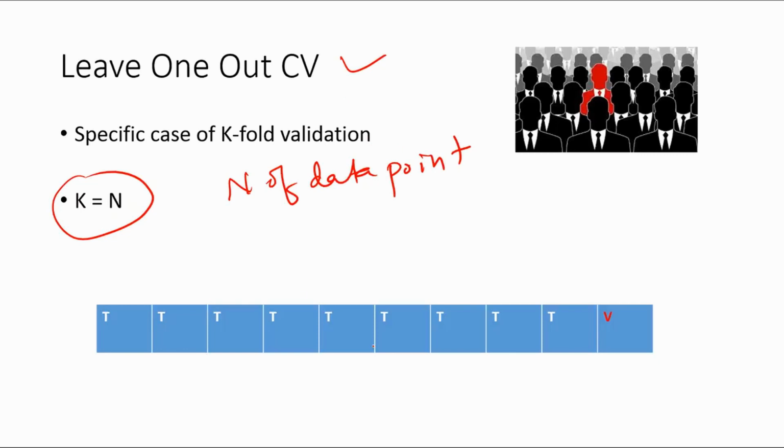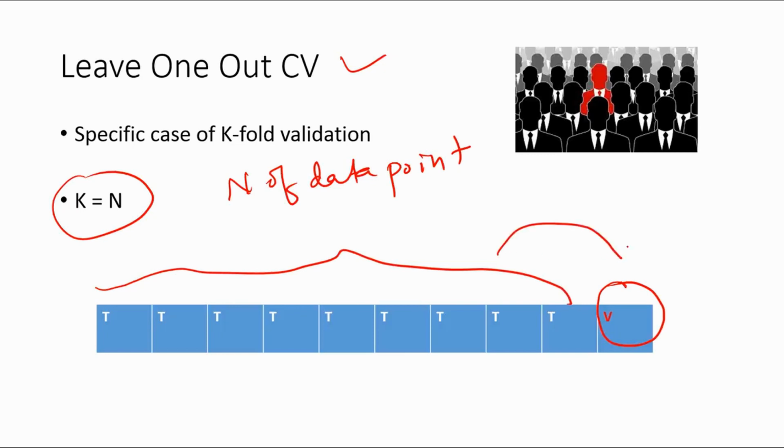We'll do pretty much the same as what we have done in k-fold cross validation, except that in this case we do not have a subsample, so to say, as a validation sample. We just have one data point. So we take the one data point as the validation sample, build a model on the rest of the data points, test it with the holdout data point and get the error.